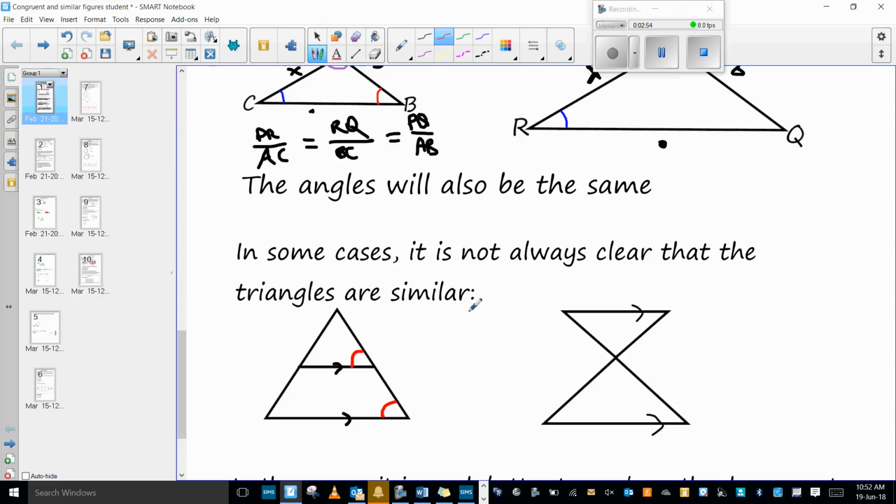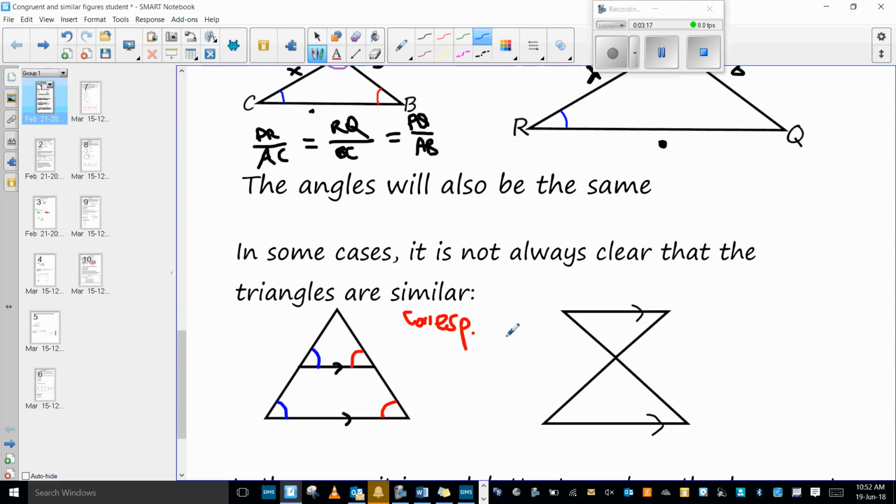These would be corresponding angles. So you may want to add that to your notes. I'll try and write it here. They're corresponding angles. In a similar way, this angle here and this angle here would also be corresponding.